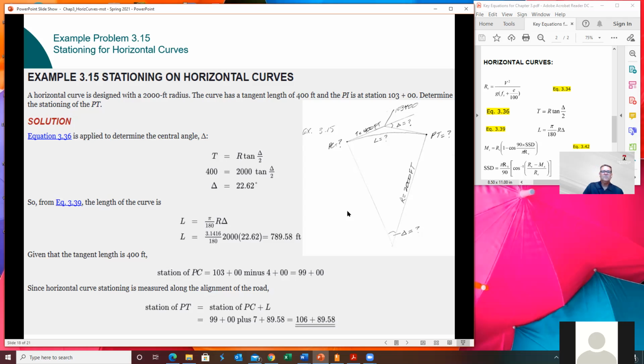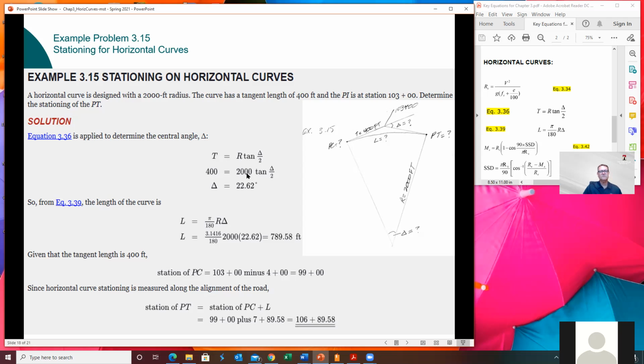So what can you do? If you look at these two equations, which one can you use to solve for something? You know what T is, and you know what R is. So there's only one unknown in this equation. That's a good one to start with. You put in 400 feet for the tangent length, which was a given.